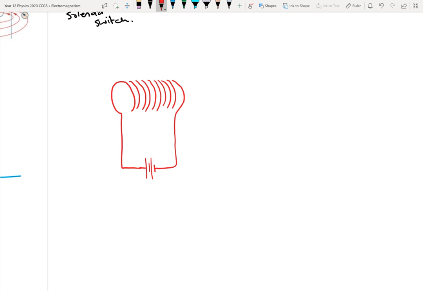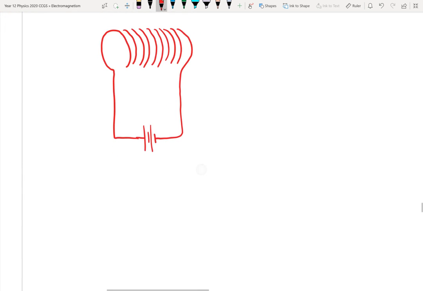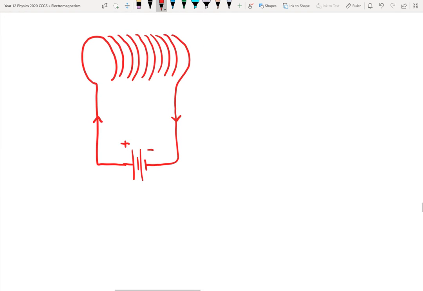And always remember that the longer side is positive. The smaller side is negative. That will then allow us to know that your positive charge goes away from the positive terminal and towards the negative. That will then also allow you to know from this diagram at the front, our current is travelling downwards.